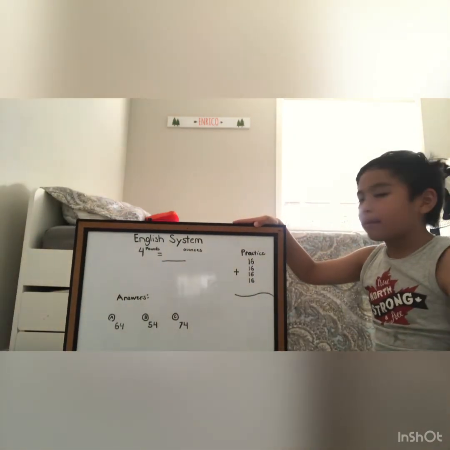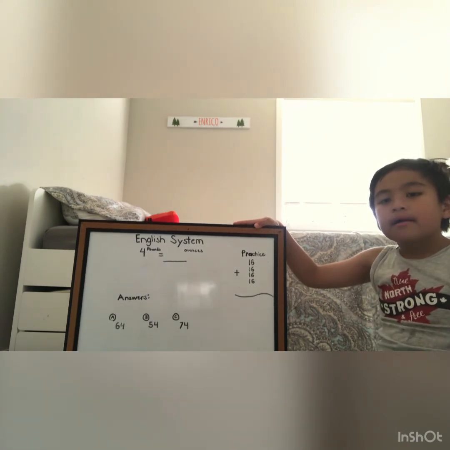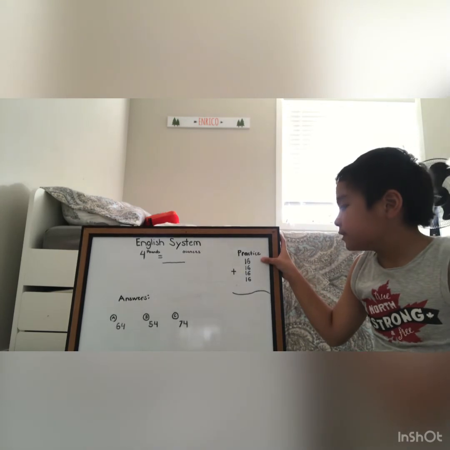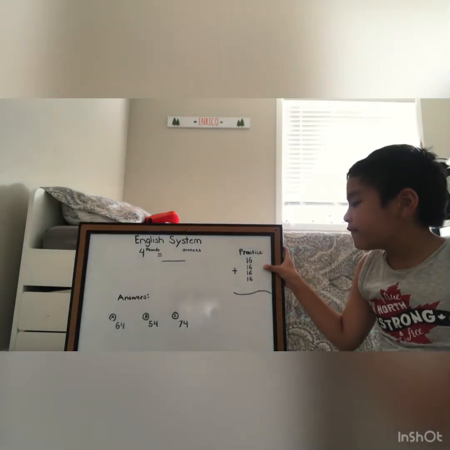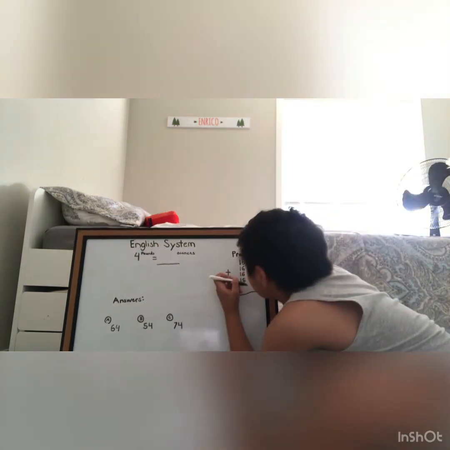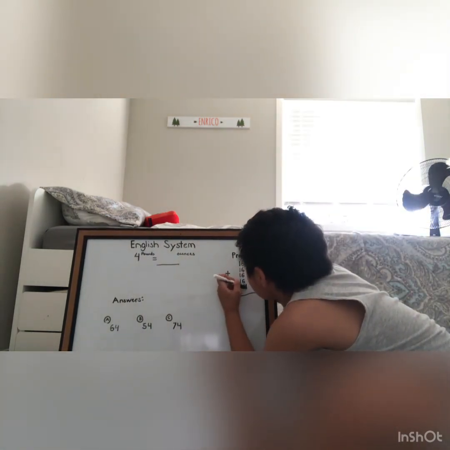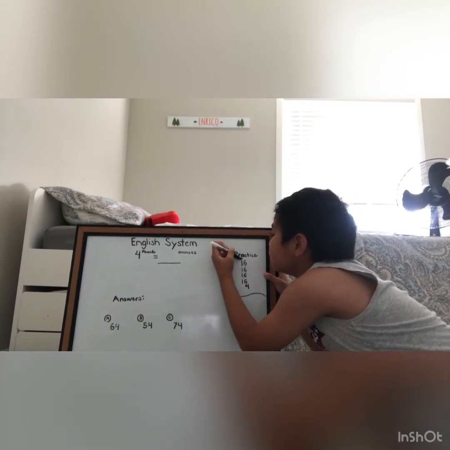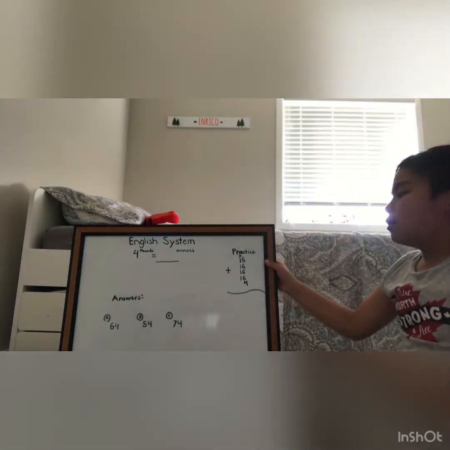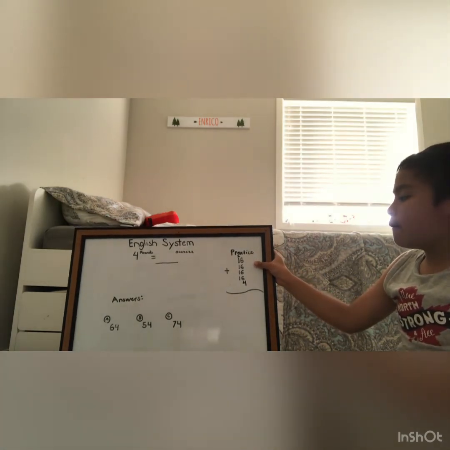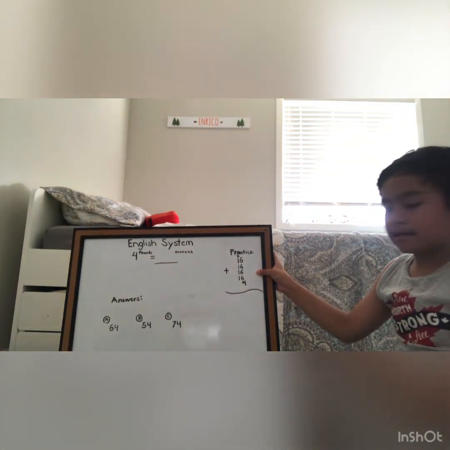Here I am at the practice. So 6, 12, 18, 24. So I put a 4 and I put a 2 on top. 2, 3, 4, 5, 6.